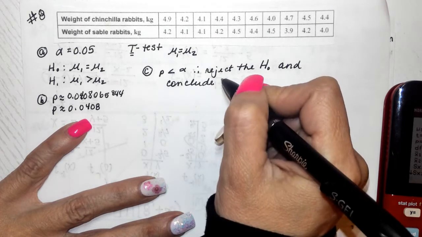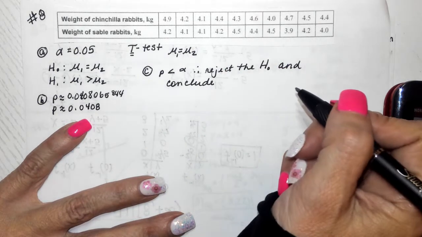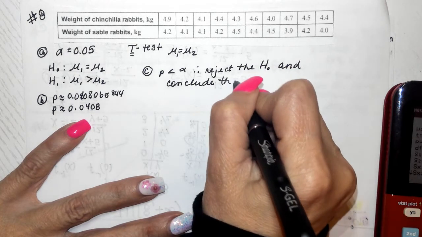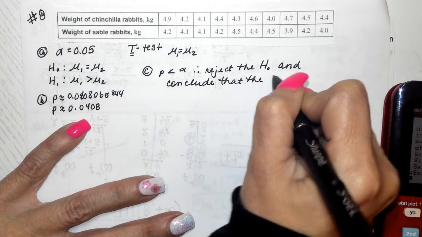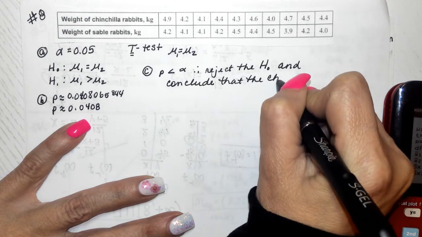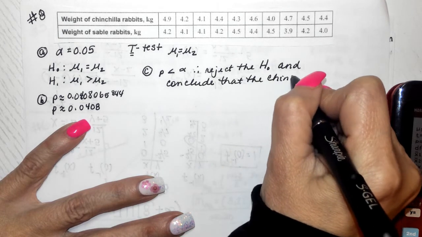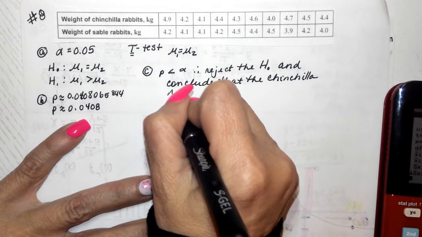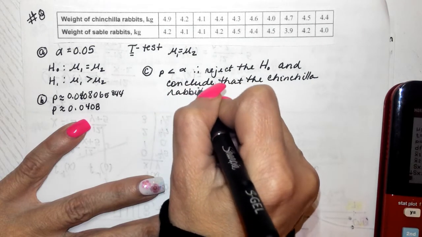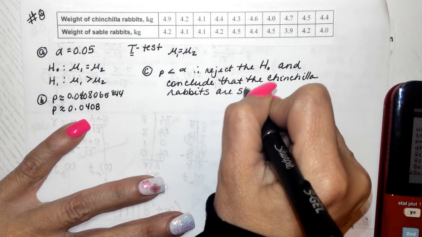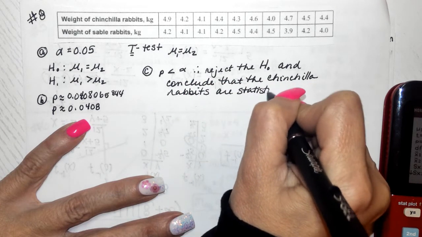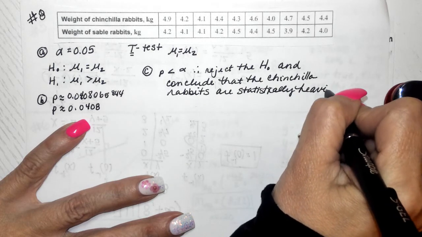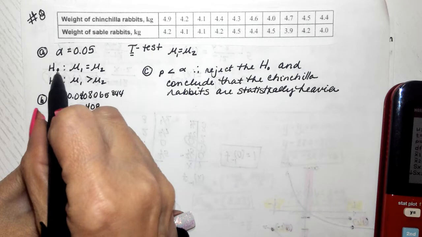We can conclude that the chinchilla rabbits are statistically heavier. I probably will not spell this right, the chinchilla, yeah, it looks good, rabbits are statistically heavier because we rejected the H0.